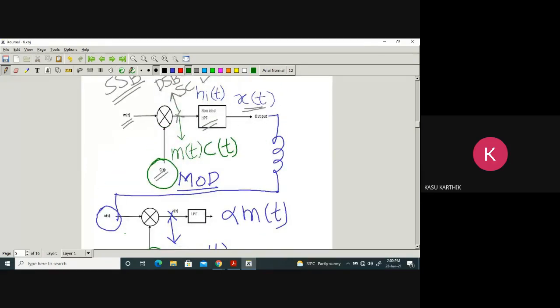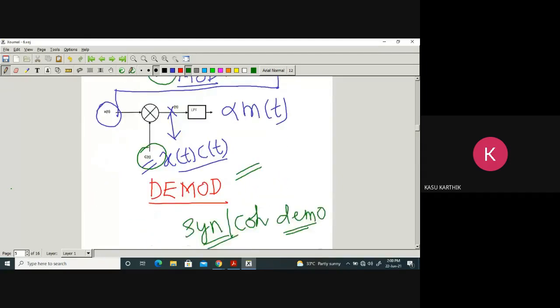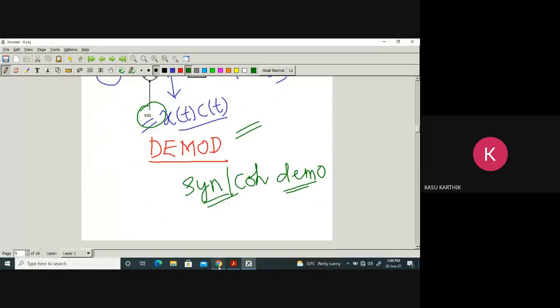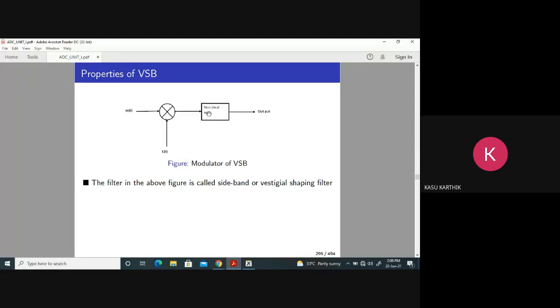Everything is exactly the same as that of SSB. Here we are using a normal filter whose impulse response is h_i of t. Let me do some calculations. This filter is called the vestigial shaping filter.